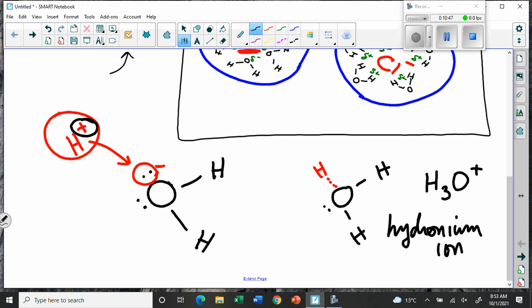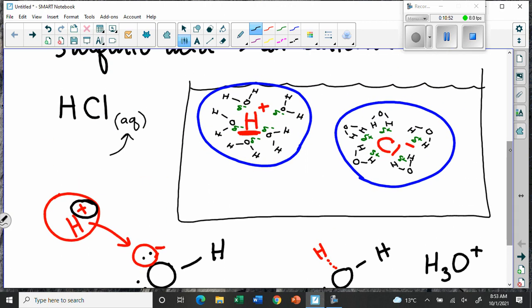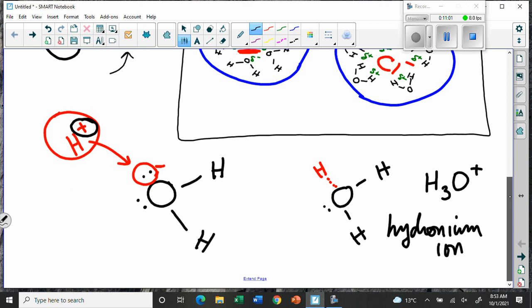And so what this means is that when something like HCl dissolves in water, see this hydrogen here? This hydrogen can attach to the water molecules nearby and create this hydronium ion.